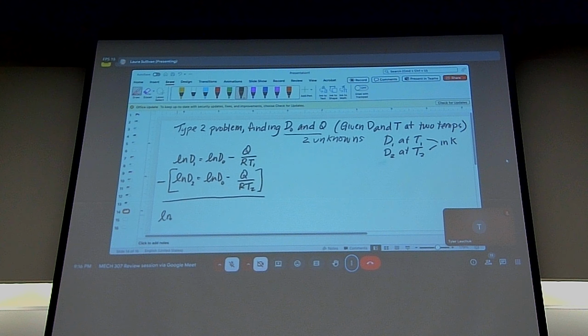What that will do is get rid of D0. So I've got natural log of D1 minus the natural log of D2 is equal to negative Q over R times 1 over T1 minus 1 over T2. I think that's right.